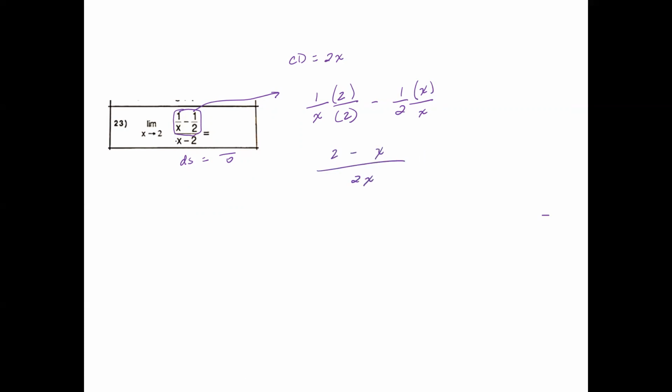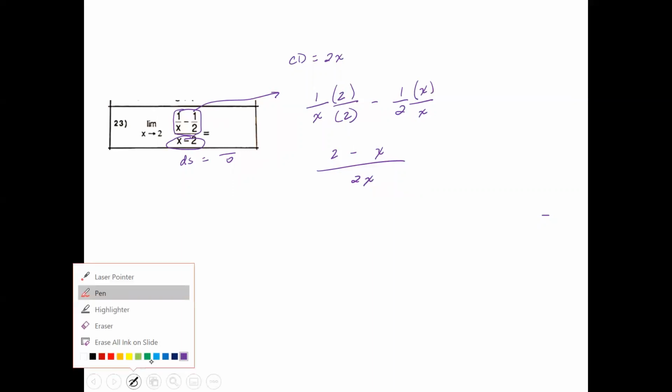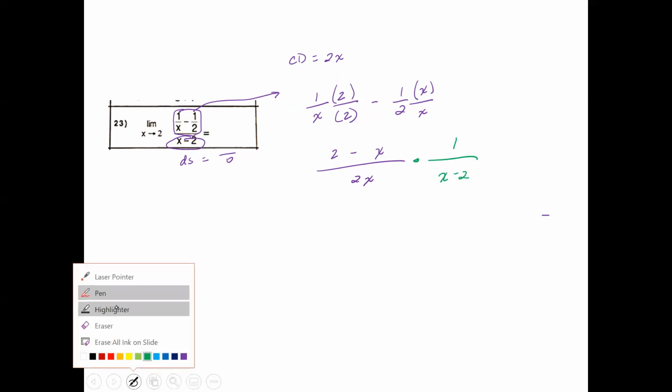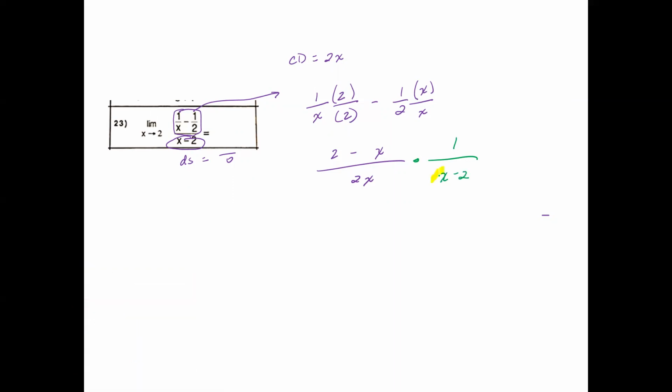And then if you take a look at the denominator right here, it is divided by x minus 2. But if I were to multiply instead, I could revert it to 1 over x minus 2. And right now I can see that these two are very similar to each other.